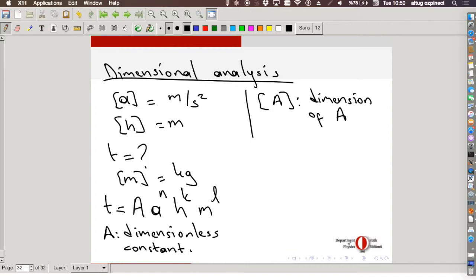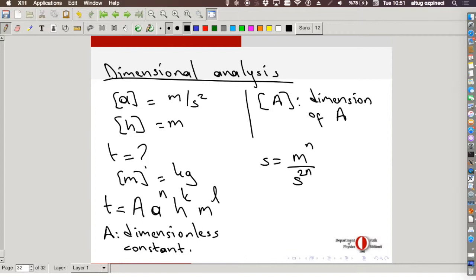To determine these possible values, we have to make sure that the dimension of the left-hand side is equal to the dimension of the right-hand side. What is the dimension of the left-hand side? It's second. This should be equal to the dimension of the right-hand side. The acceleration has dimensions meters per second squared, so the nth power will be meters to the n divided by seconds to the 2n.